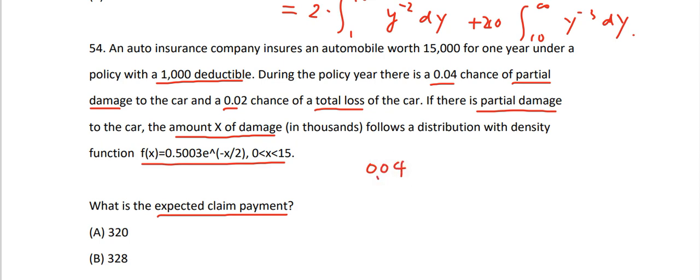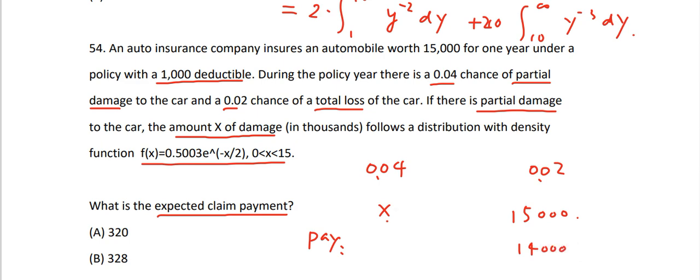Partial damage has probability 0.04 with damage x, and total damage has probability 0.04. But we have a 1,000 deductible, so the payment is the damage minus the 1,000 deductible.